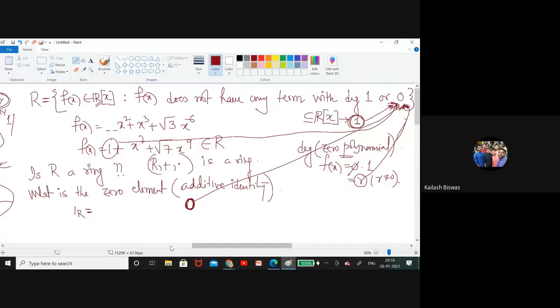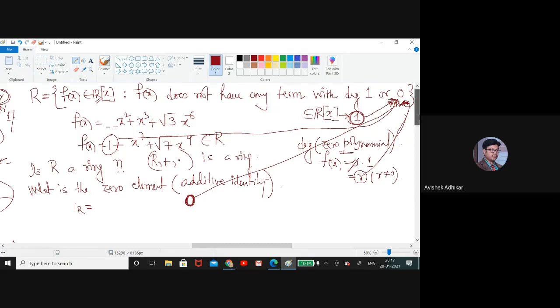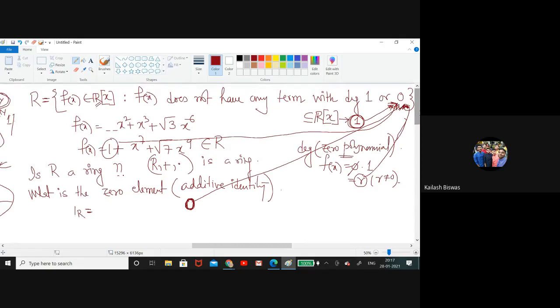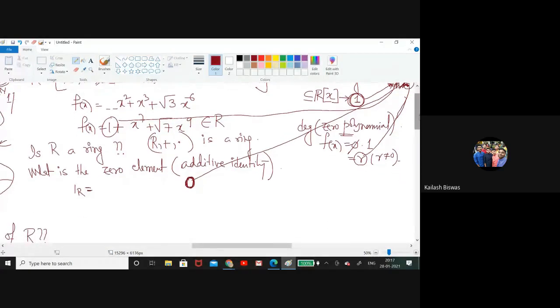Sir, the ideal generated by X. Okay. If I consider the ideal generated by X, can you tell me how it looks? It looks like x f(x), x h(x), where h(x) belongs to R[x].